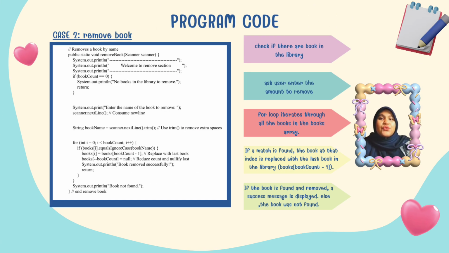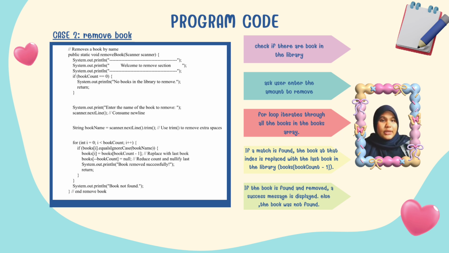Okay, moving on to the remove section, where I have 5 points to talk about in the coding. First, we need to know if there is a book in the library or not. So we write if bookCount equals 0, and then the system prints out no book in the library to remove.